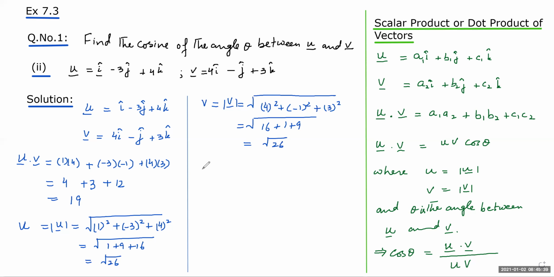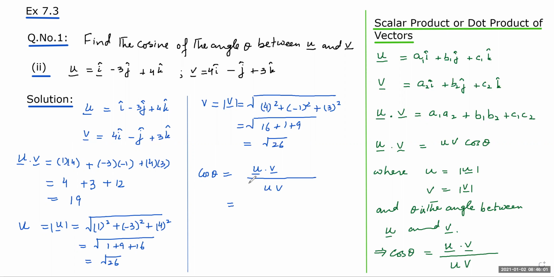Now let's write the formula for cos theta. Cos theta is equal to u dot v divided by |u||v|.